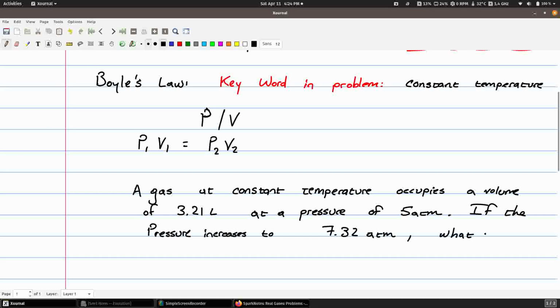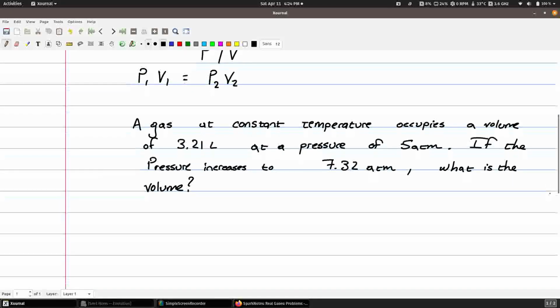What is the volume? So that's kind of what the problem is going to look like. Again, not complicated, but you have to be able to know what you're looking at.